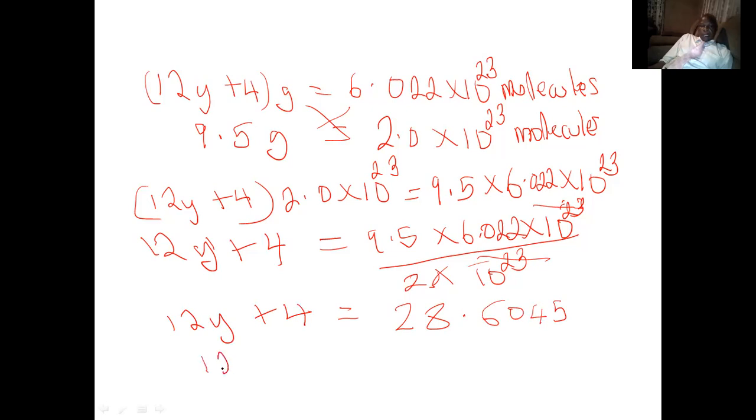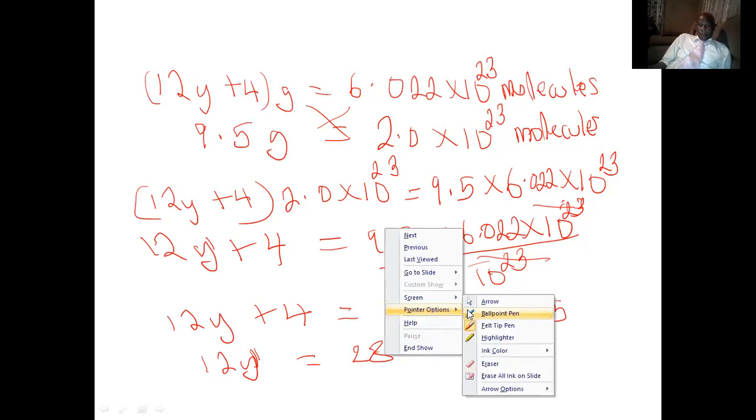Therefore, 12y would be equal to 28.60. We can write this one properly somewhere.